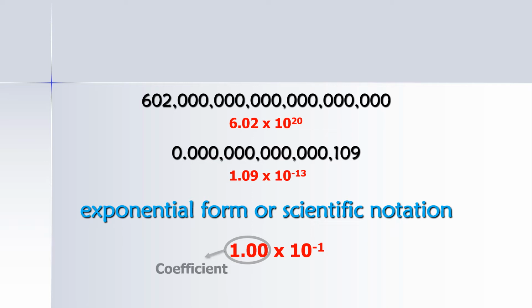And this number changes. This number basically just comes from the big large number that we are given, or the smaller number that we are given. And then we have the small power of 10, which we call the exponent. We'll talk in just a bit about what that exponent means and how we come up with that. And then finally, we have this base of 10, which always remains 10. So that is one thing that remains constant, never changes.